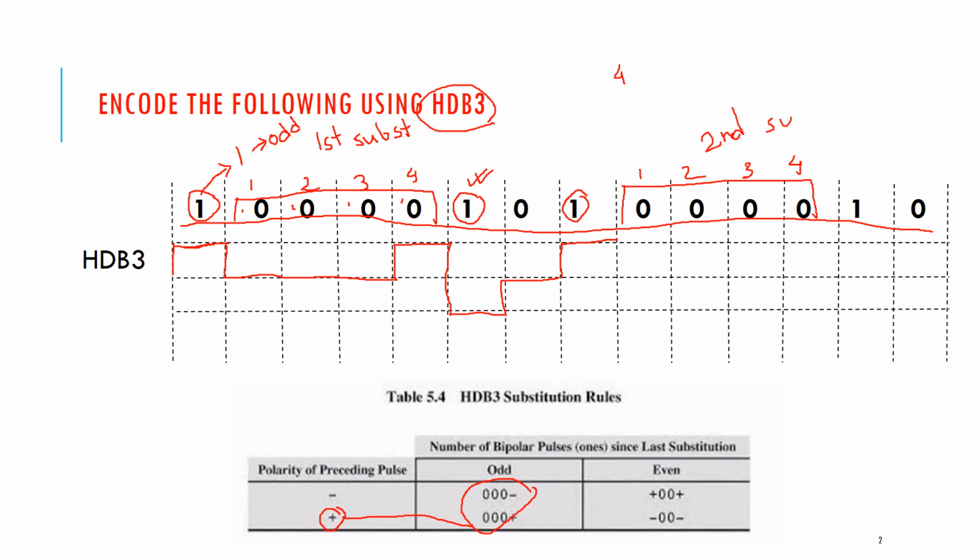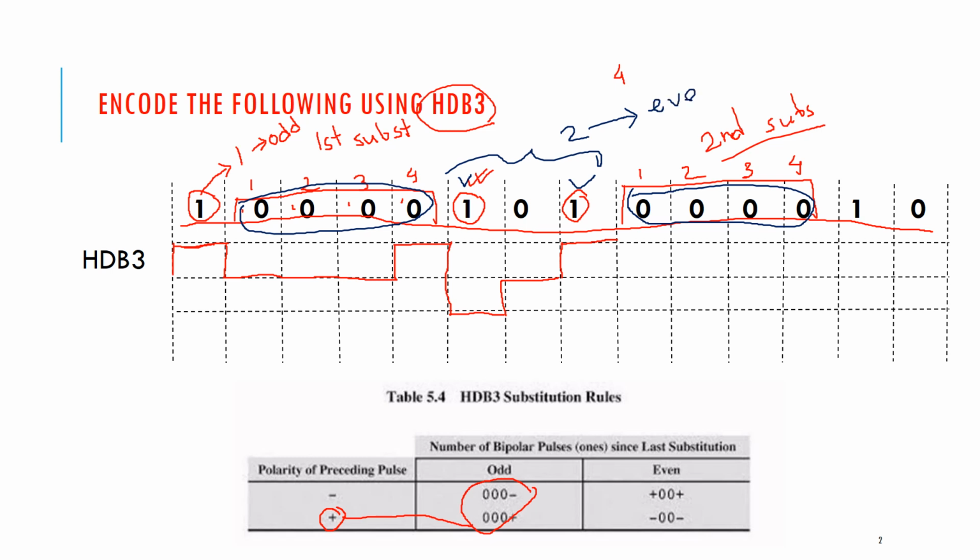Let's count the number of ones between my current substitution and the last substitution that I did. My current substitution is this, and the last substitution was this one. The total number of ones in between is 1 and 1, so 2 ones. 2 is an even number.